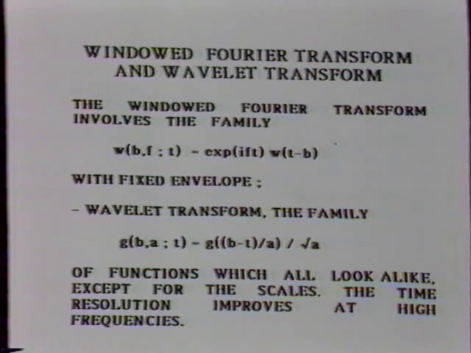In the windowed Fourier transform, one moves across a frequency range by inscribing oscillations into a fixed envelope. In the case of wavelet transform, you move across a frequency range by compacting, contracting, or dilating a wavelet. This has an important influence on the convergence of the two methods.